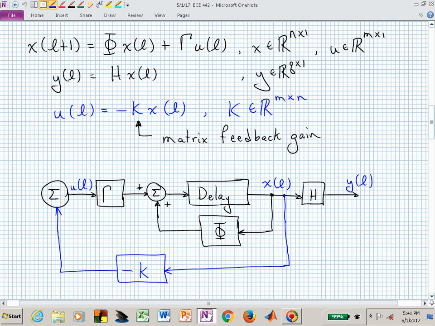How many did I just label? 5 or 6? We may have 6 different state variables. We're saying in this full state feedback design that we can access each of those at the time instant l. We can measure the position, the velocity, the voltage, the current, the temperature, and pressure.